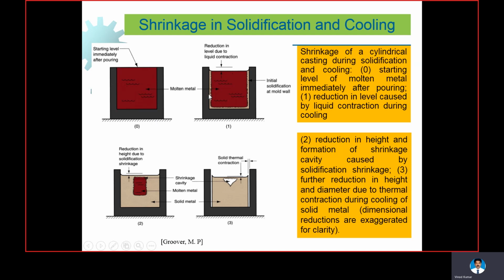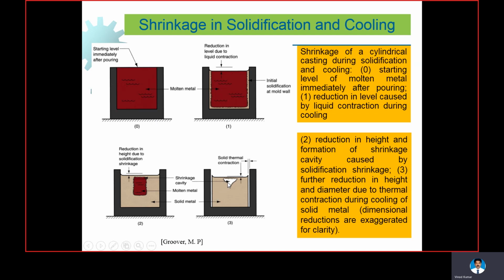Reduction in height, and even along the wall also reduction or contraction takes place because of cooling, as solidification starts at that point. Then you could see here in 2, reduction in height, more reduction in height, and shrinkage cavity, again more amount of liquid metal gets converted into solid. And then after some time, what happens?